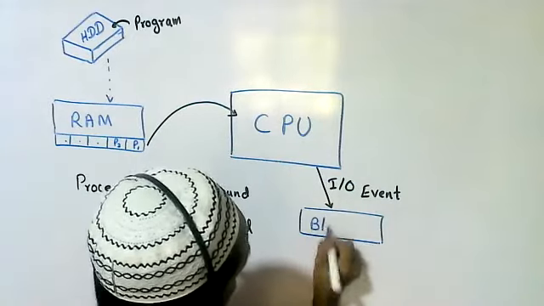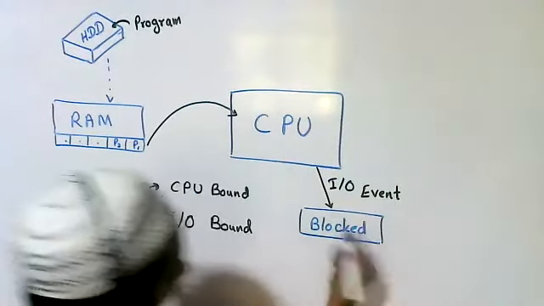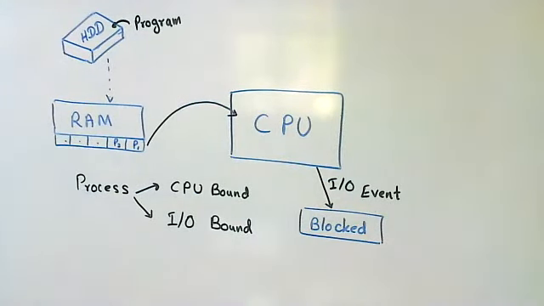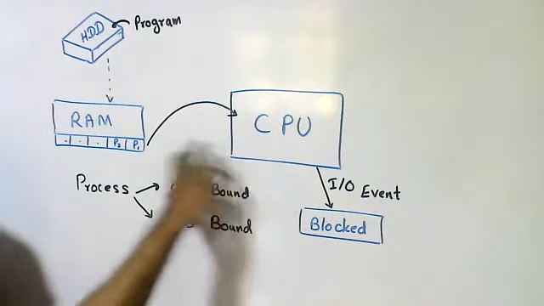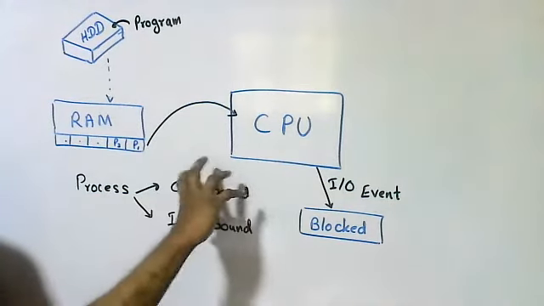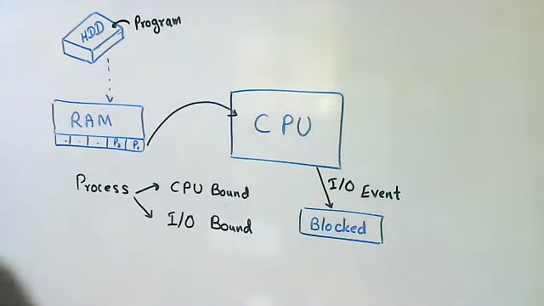We call it the block state. Okay, I'll explain states later. A process can reside in 7 kinds of states. We'll learn it later. Before that, we have to take some basic knowledge of this process management.